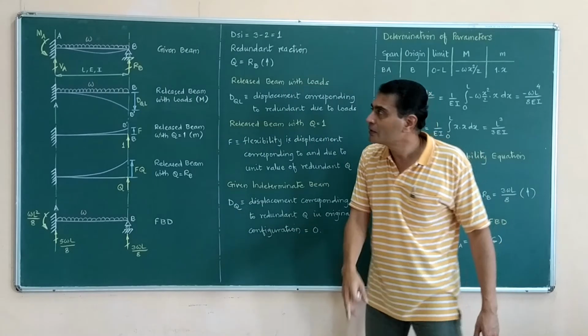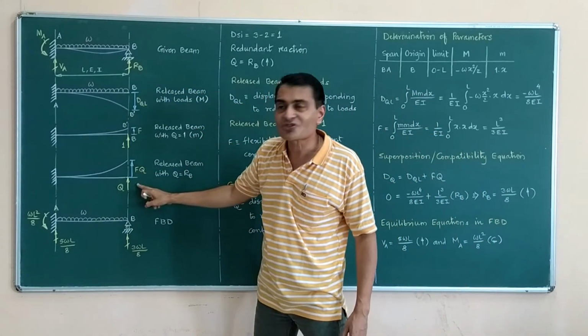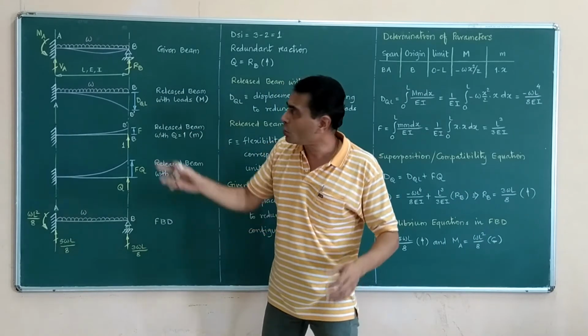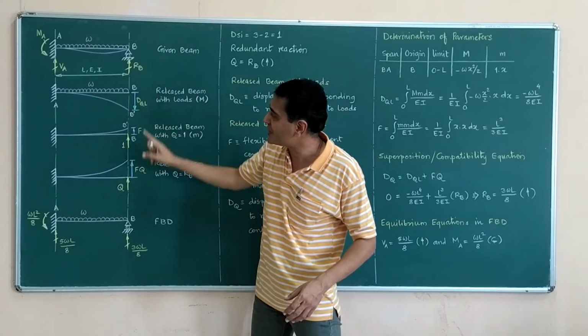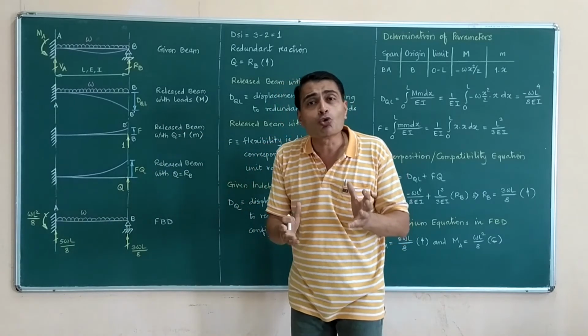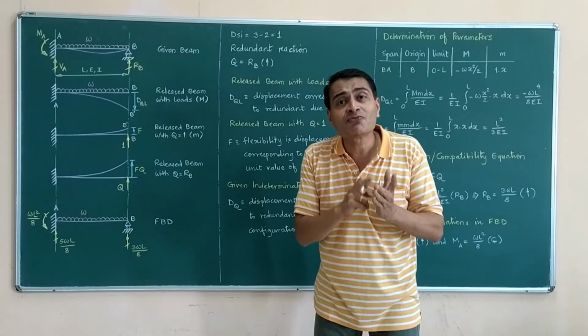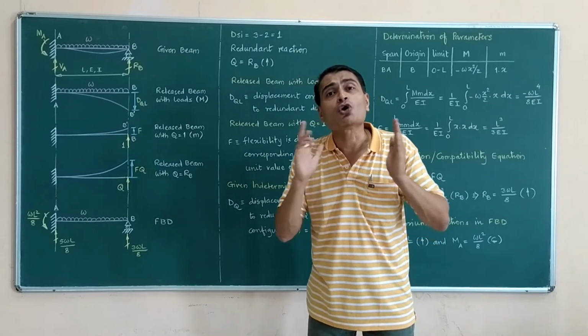I repeat, this configuration is this plus this, superposition, or we are splitting this beam as this case plus this case. If that is true, it should be true for every reaction, every slope, every deflection, every action and every consequence.